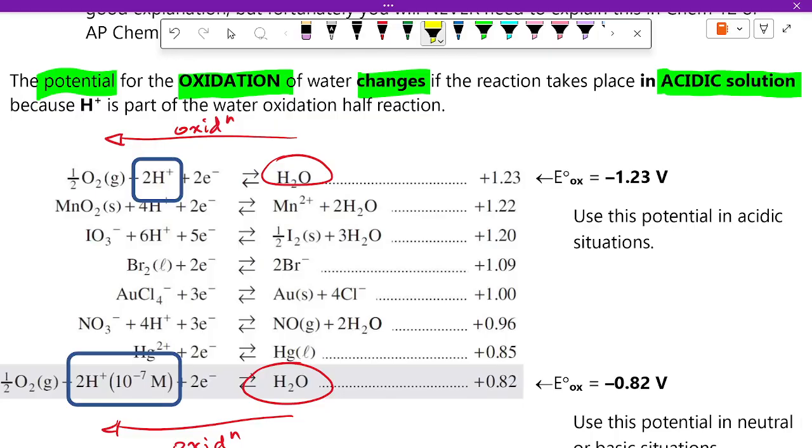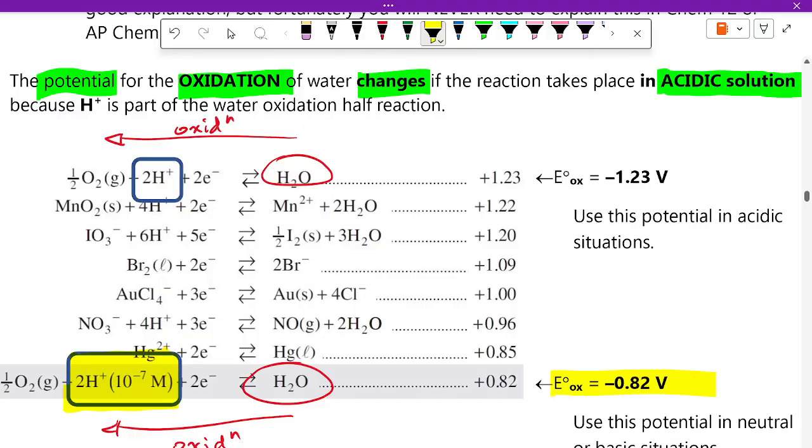So normally, without extra hydrogen, we have 2H plus 10 to the negative 7 molar, which is the concentration, which is a neutral concentration of hydrogen, yes? That rings bells? 10 to the negative 7 molar, pH 7, yeah. Okay, and that is negative 0.82 volts because, of course, we're going with our oxidation potential.